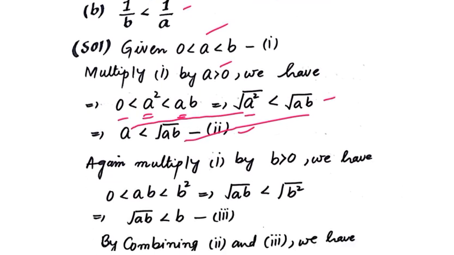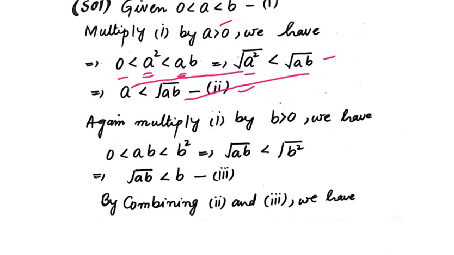Similarly, now multiply 1 by B greater than 0. So we have 0 less than, multiply this inequality by B in each part. So this gives 0 less than AB less than B square. Taking square root on both sides, this gives square root of AB less than square root of B square. And square root of B square is equal to B because B is positive here.